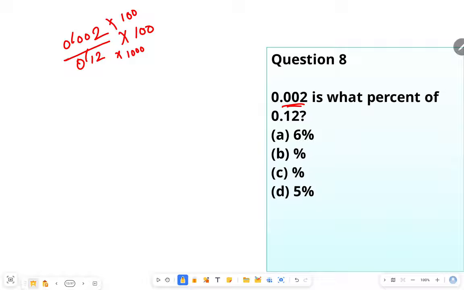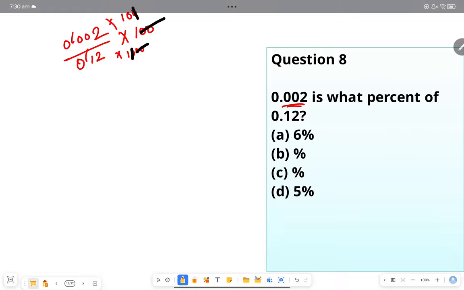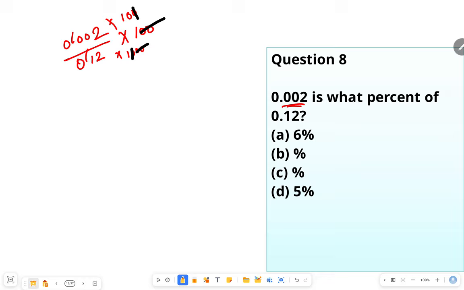So if you cancel it, these two numbers are gone, right? This zero is gone, right? Now you see what you have.